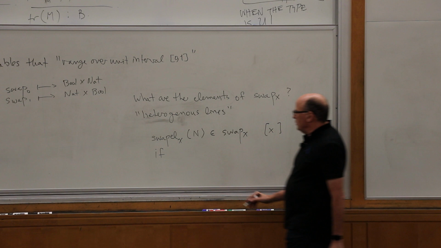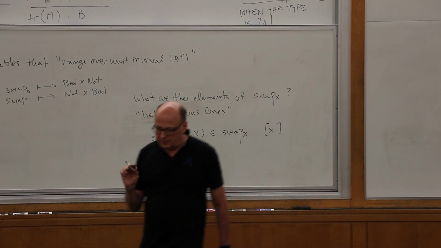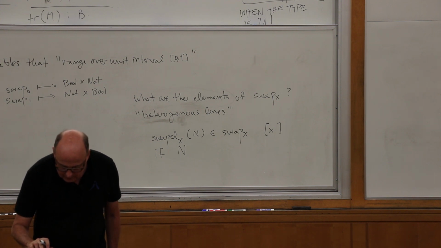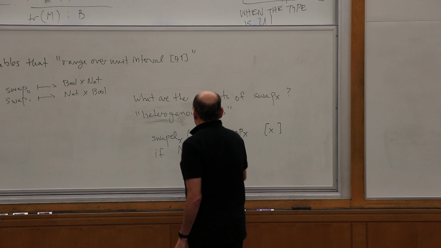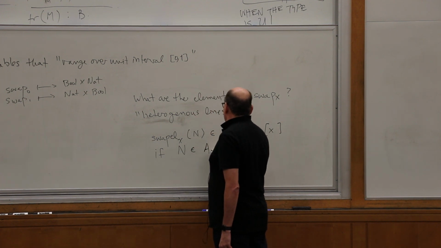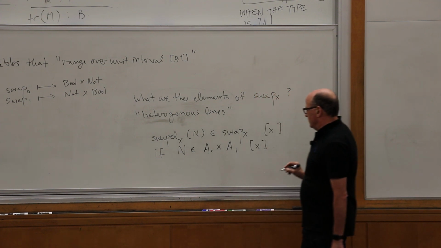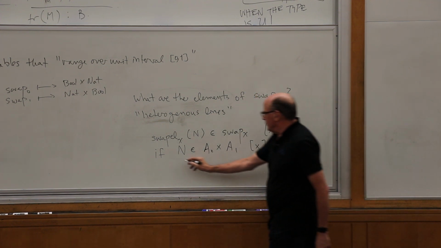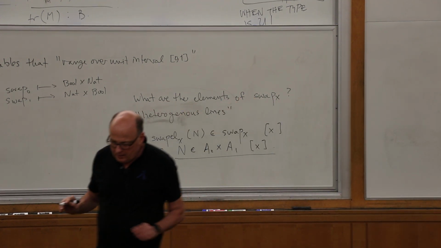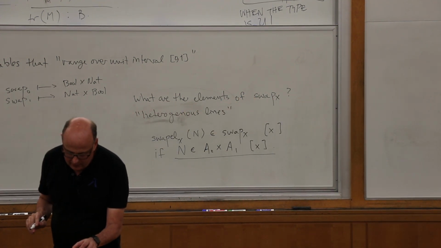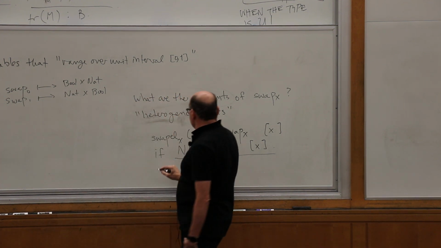So the condition is going to be that n is going to be in A2 cross A1 in X. This is going to be important, and the reasons for that to be important will come out a little bit later. And the critical thing is this. Why do I call it a heterogeneous line?